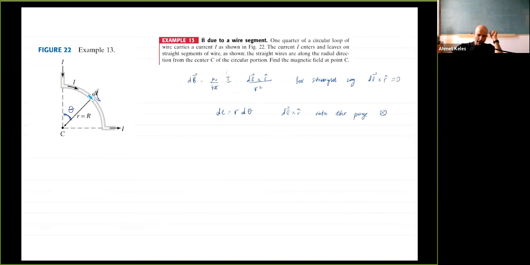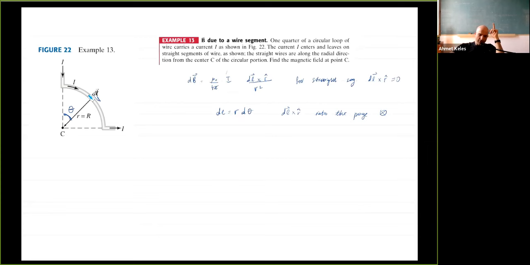So I'm trying to find the direction. The magnitude is r d theta. Like dl is basically this radius times the angle. That's simply the segment length, which is always radius times d theta. And I'm going to integrate over d theta. But now I want to also determine the direction. And the direction is the right-hand rule.